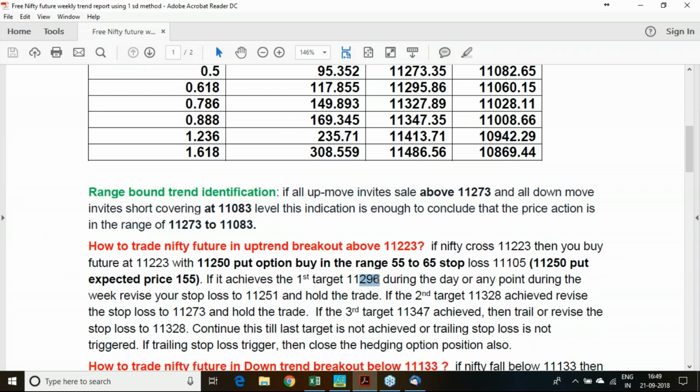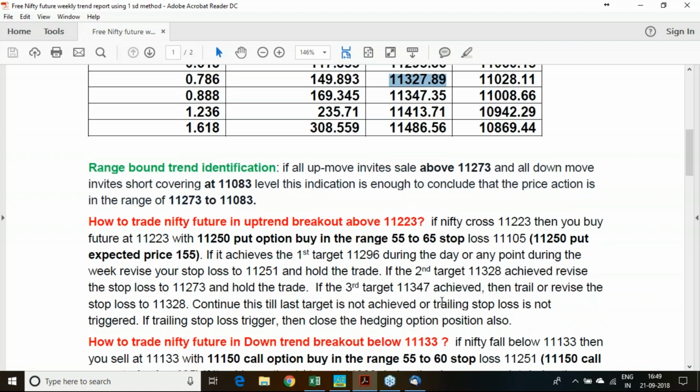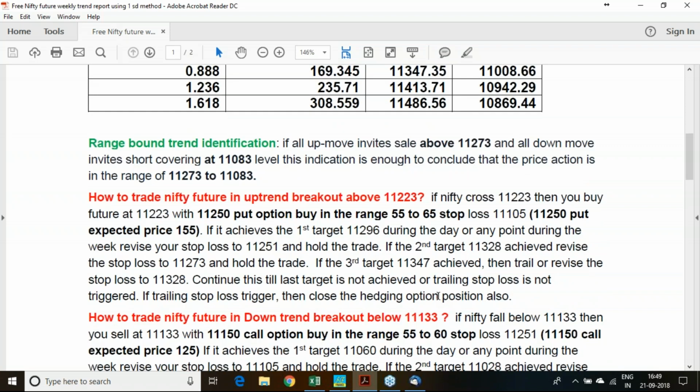Once I achieve the first target, I am trailing my stop loss to the 0.382 level. Achieving the second target, I am trailing my stop loss to the 0.5 level. Achieving the third target, I am trailing my stop loss to the second target level. So this is how you can use a trailing stop loss.